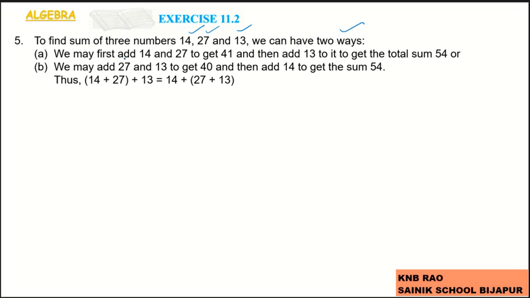We may first add 14 and 27 and get 41 and then add 13 to it, to get the sum as 54, or we may add 27 and 13 to get 40 and then add 14 to get the sum as 54. Thus, 14 plus 27 plus 13 equals 14 plus 27 plus 13. Do you know what this property is?